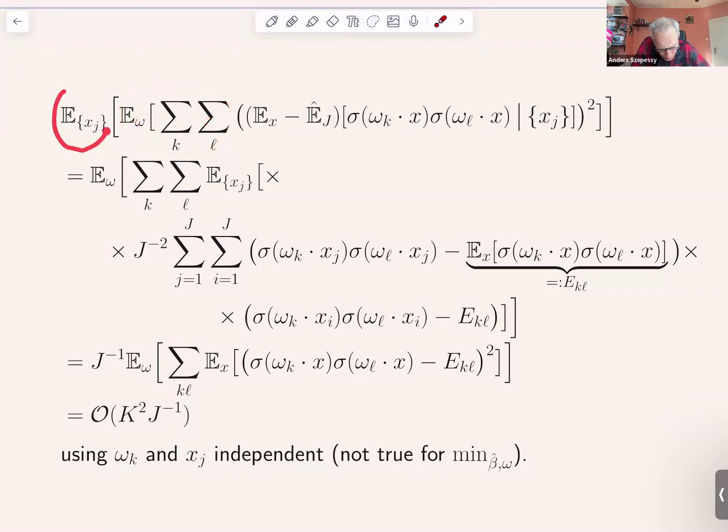Now we will use the expected value with respect to the data set. So that moves in here. And then we write out the square.